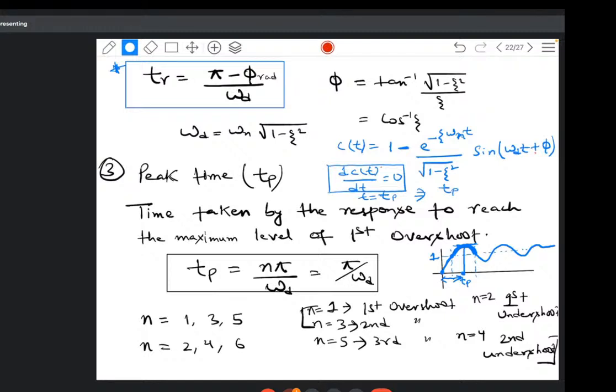So in that case, I cannot wait for the response of the system to get settled at a very large time period. So what I do is we consider a certain tolerance band or certain range about the output value in which the response of the system after oscillation is assumed to get settled.